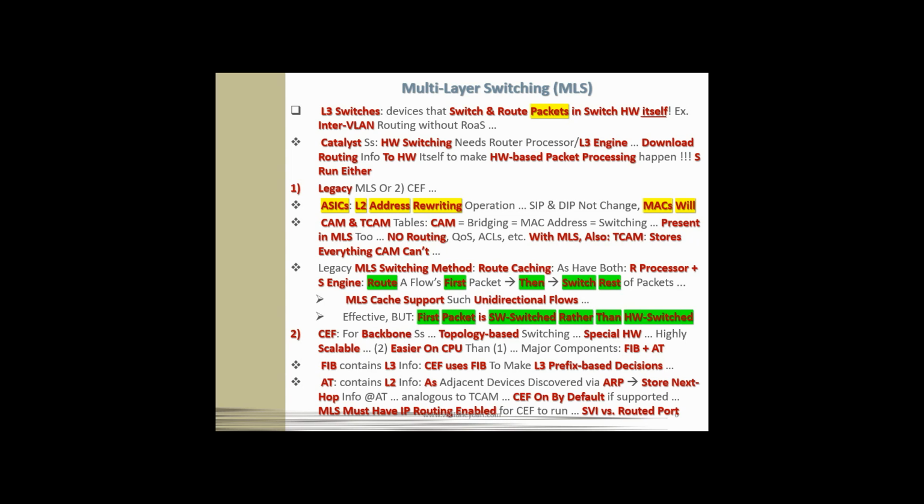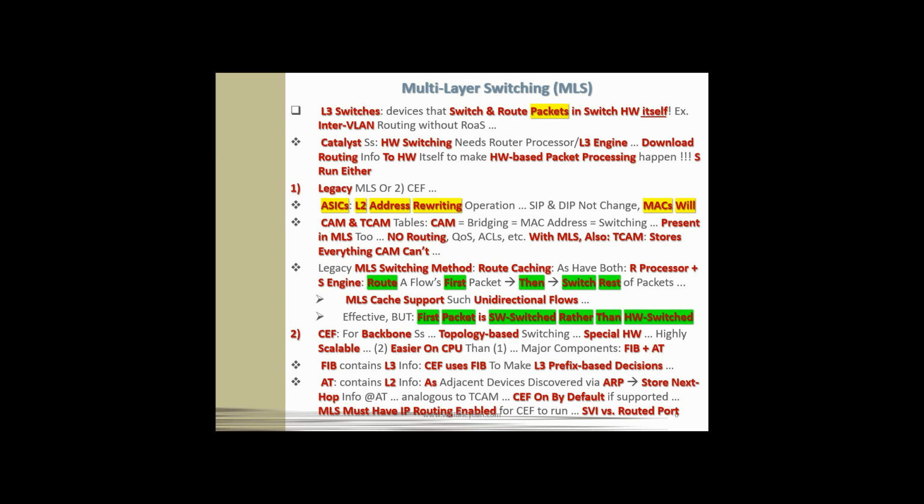Let's see FIB and then AT. CEF enabled devices have the same routing information as a router. But unlike routers, this routing information is not found in the typical routing table.